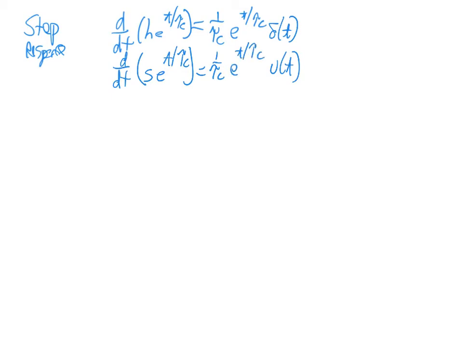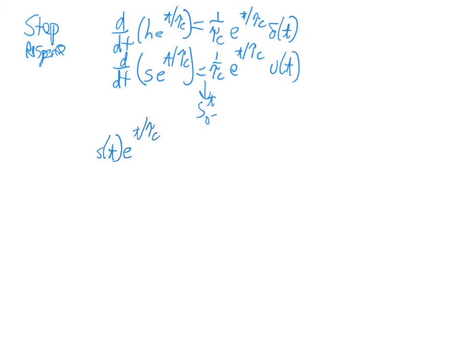And now we have to solve this differential equation. Again, we are going to apply integration from the left side of 0 up to the current time. On the left-hand side, we get s of t times e to the t divided by tau c.